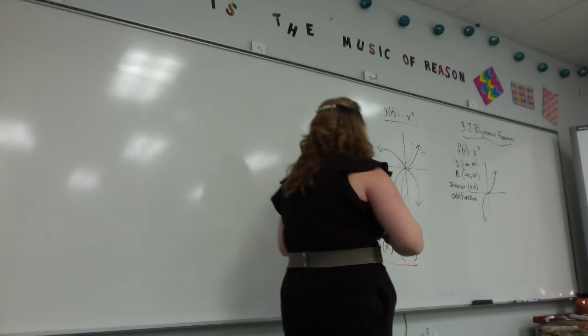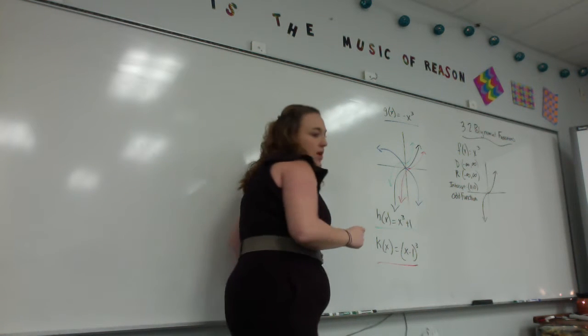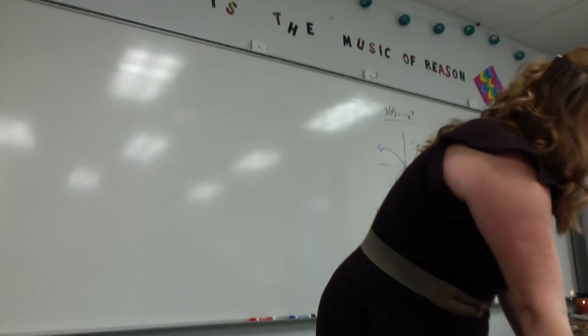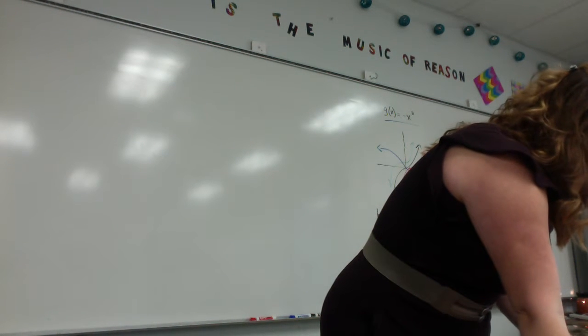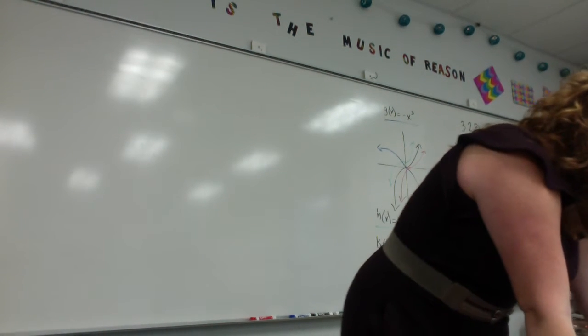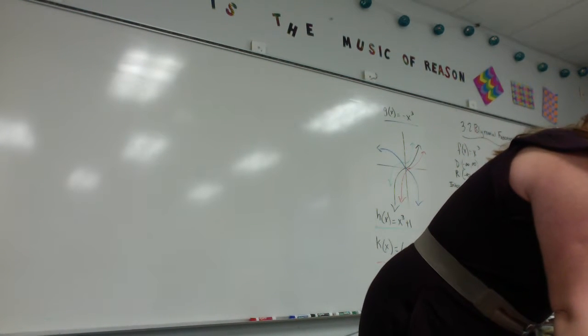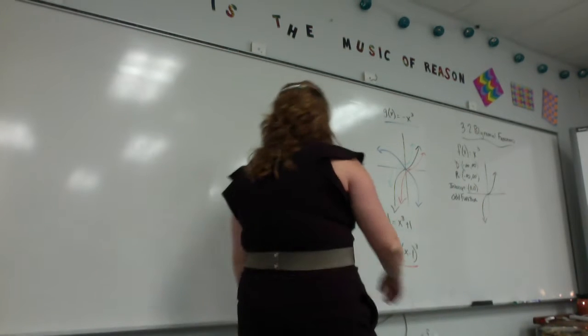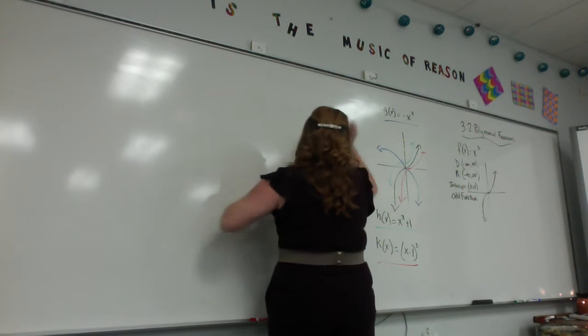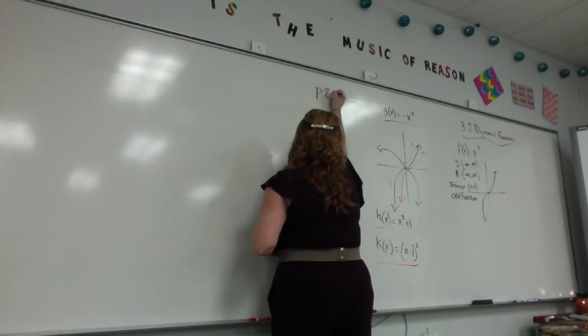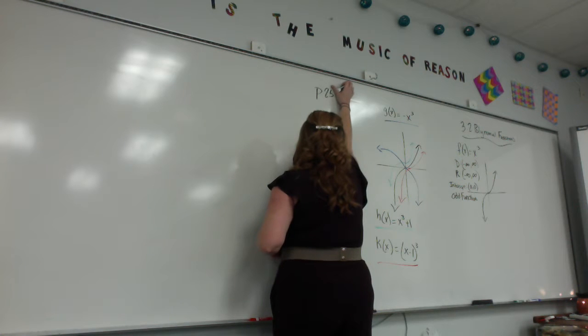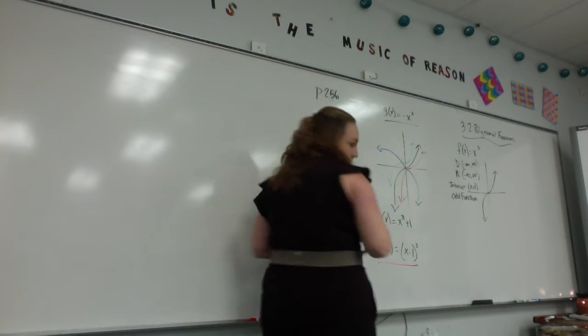Okay. So you're going to do lots of comparing and contrasting of polynomial functions in forms that are greater than squared, than quadratic functions. On page 256, there is a chart that talks about end behaviors of functions.